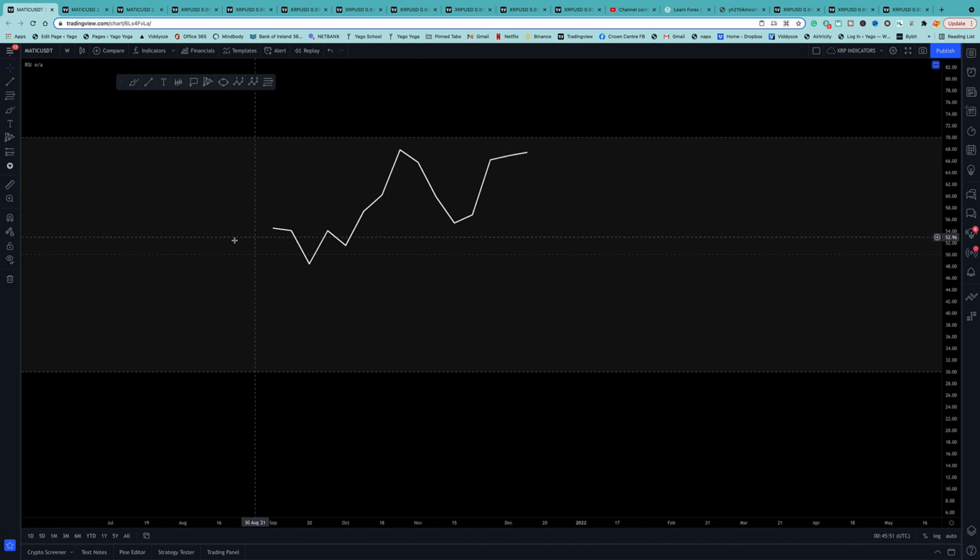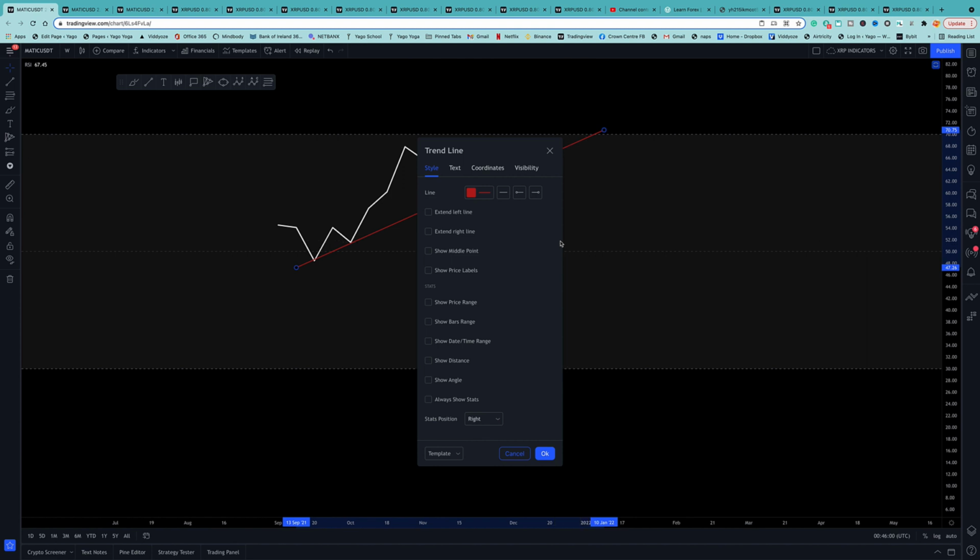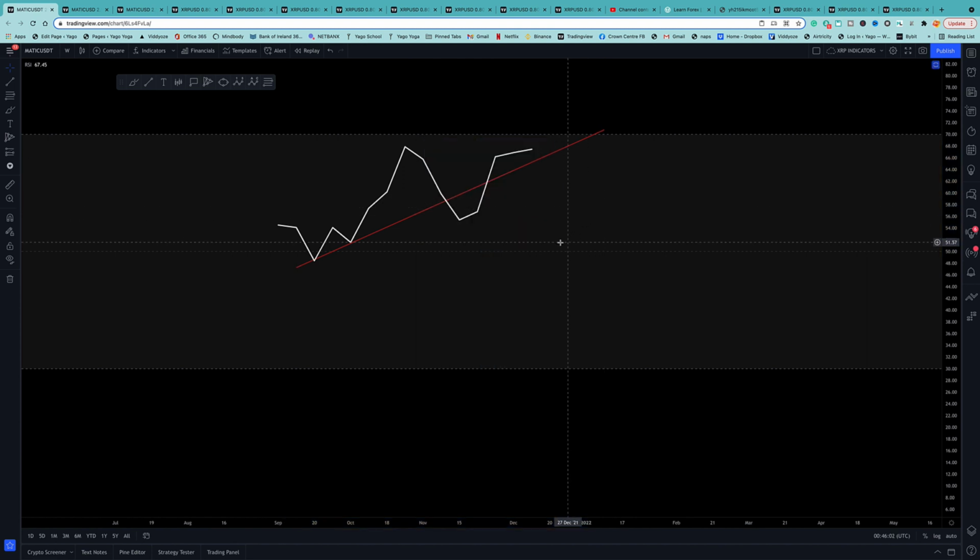But overall, MATIC, like you can see where MATIC is going with its basic trend, yeah. Like that's its general trajectory. Remember I talked last night about the volatility of the impulse waves. But look, it still goes up, still goes up, still goes up.